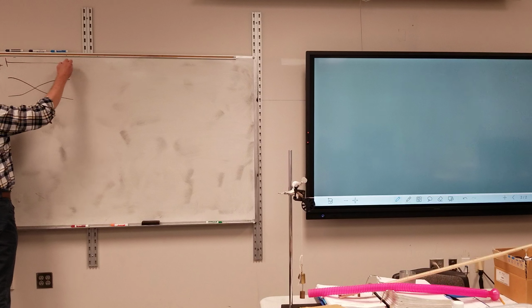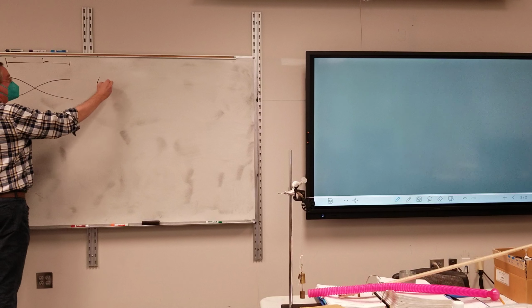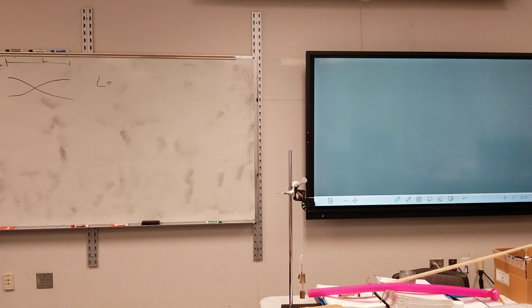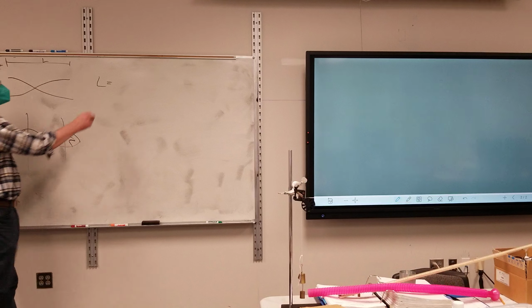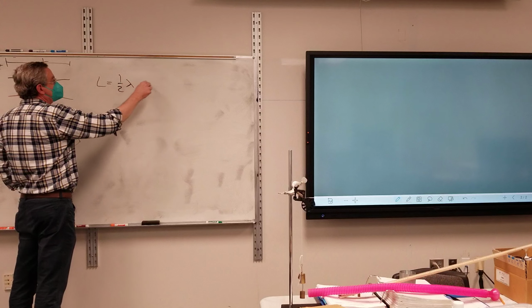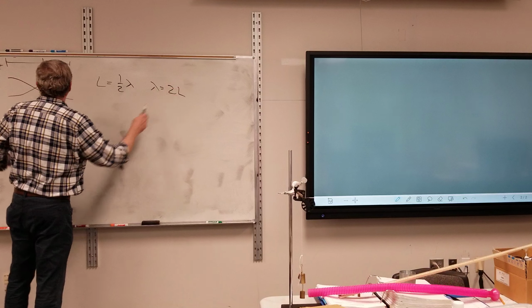If this distance here is L, how many wavelengths is that? One half. Indeed, a half. A full wavelength looks like that. In essence, we chop off the ends, so this is half a wave. So the wavelength would be 2 times that length right there.